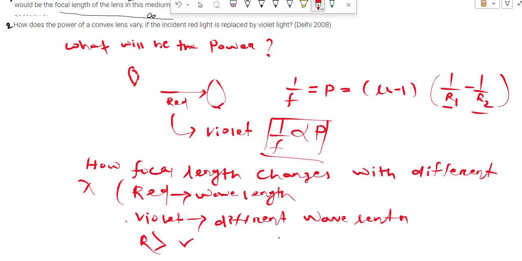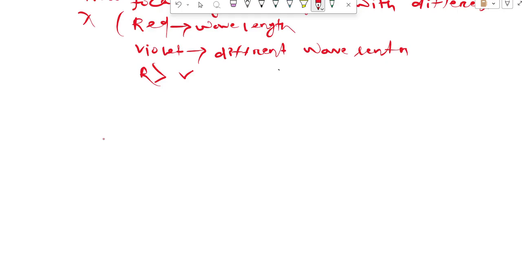The first thing to remember is that red light has a wavelength greater than violet.